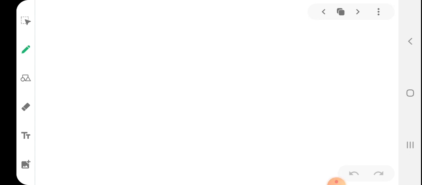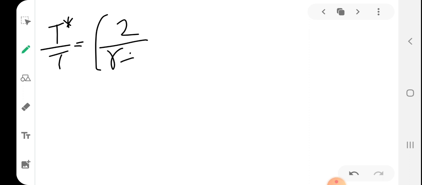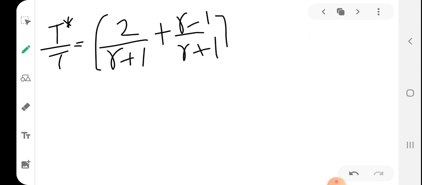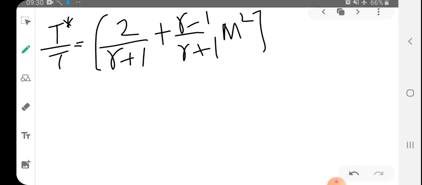In the last class, we studied how to write the different ratios. T star by T equals 2 by gamma plus 1 plus gamma minus 1 by gamma plus 1 into M square.